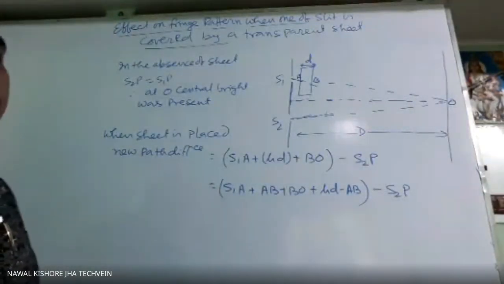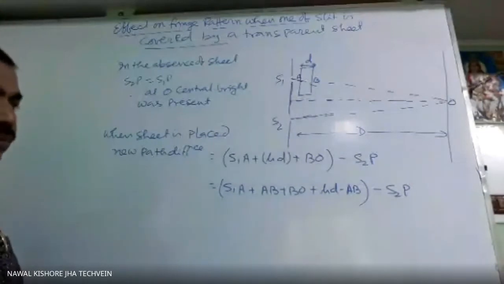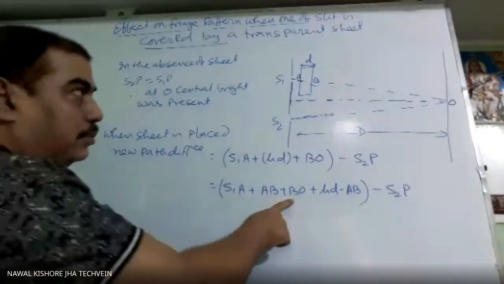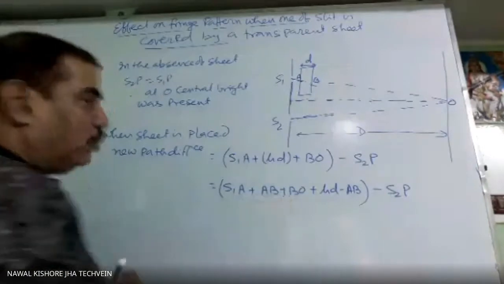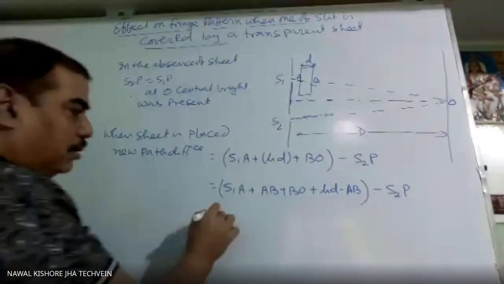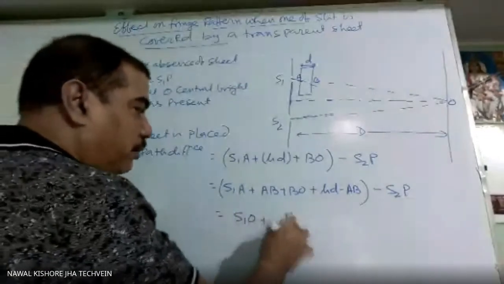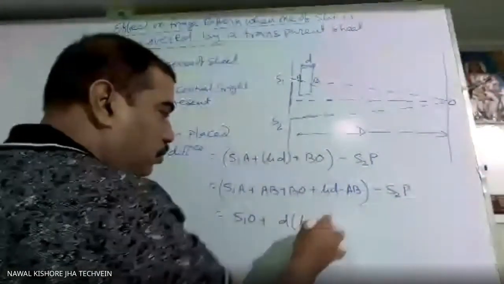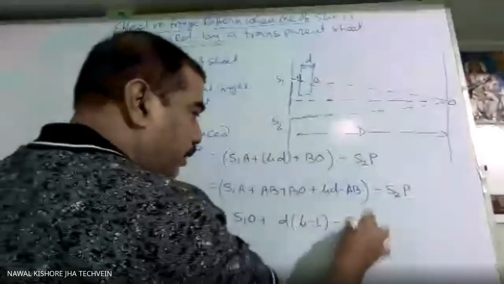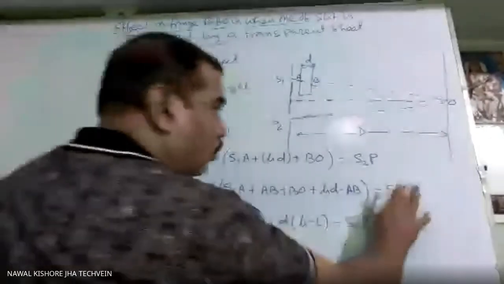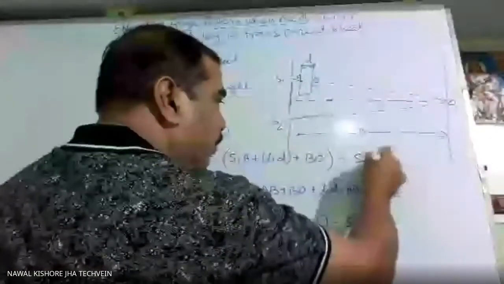AB means D. So this is S1O plus D, taking it common, mu minus 1, minus S2O. We are talking about the central fringe only.